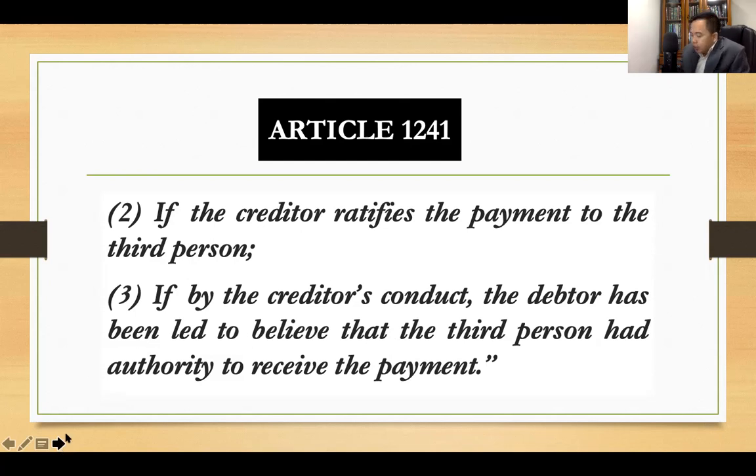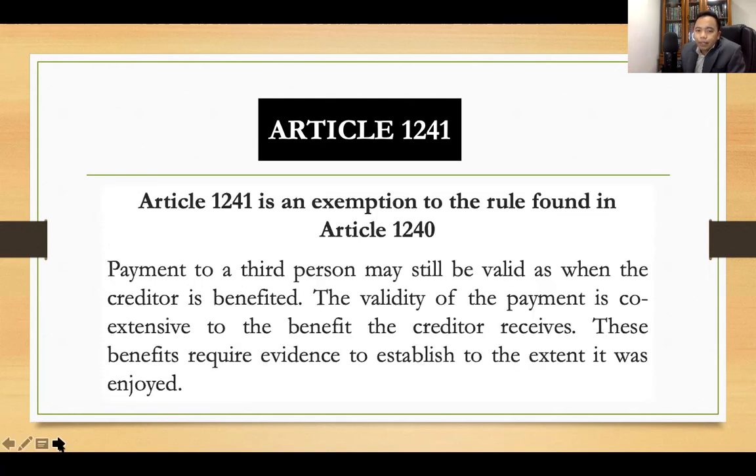In the third instance, the debtor was made to believe that this third person had the authority to receive the payment. And so if the payment is made to him, you do not need to prove that the creditor has benefited from the payment. Okay.